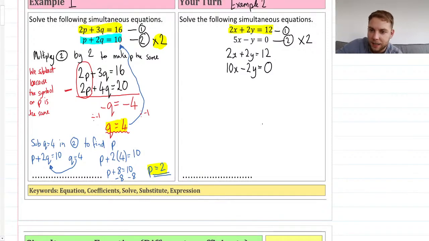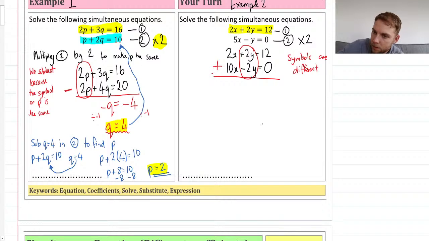It's plus 2y and minus 2y. So because the symbols are different, it means that I add these equations together. So symbols are different, so I add the equations.